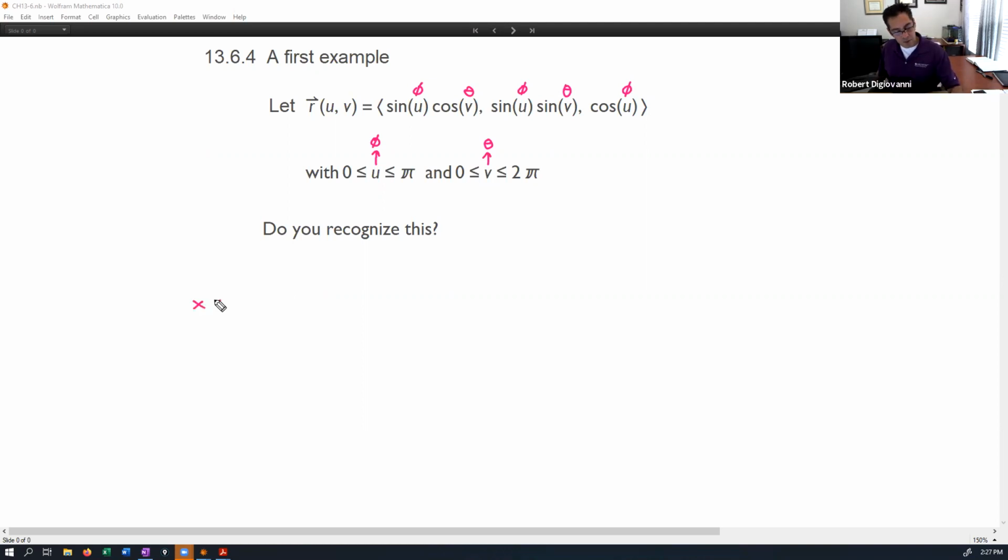Remember, x was equal to rho cosine theta sine phi, y was equal to rho sine theta sine phi, and z was equal to rho cosine phi. Do you all remember that for spherical? If rho is 1, then we have this. So this should draw us the unit sphere.